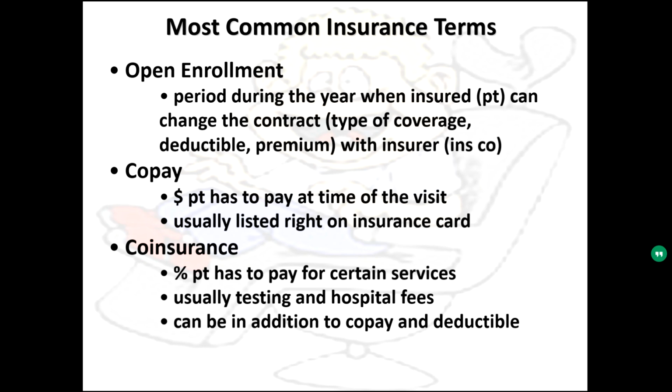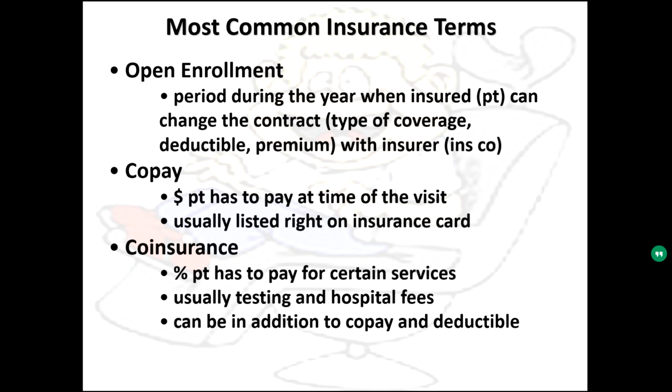Okay, so open enrollment. This is a time of year where you are able to go into your insurance plan and make changes. So here at work, for example, here at Fortis, we have 3 different options.